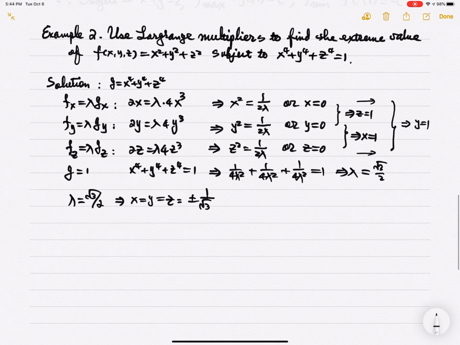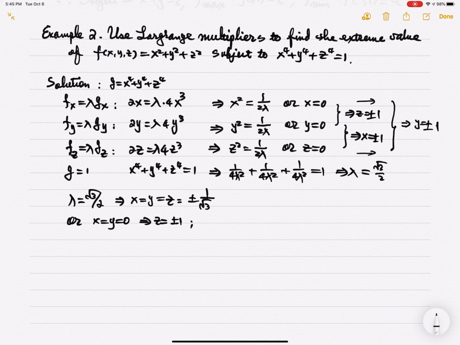Or we have x equal to y equal to 0, which implies z equal to positive or negative 1.